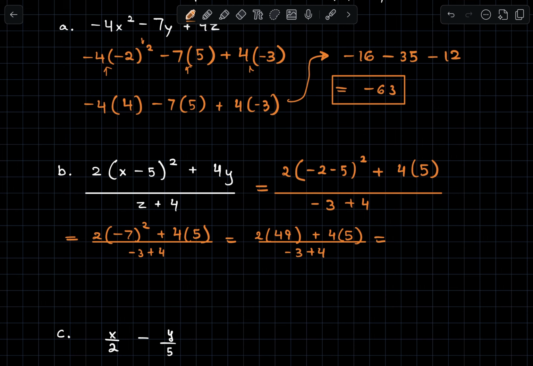So we've got 2 multiplications and an addition in the top. 2 times 49 is going to come out to 98. 4 times 5 is 20. So I'm left with an addition on the top and addition on the bottom. That's going to be 118 on the top, and negative 3 plus 4 is the same thing as 4 minus 3, which is just going to be 1. And 118 divided by 1 is just itself.